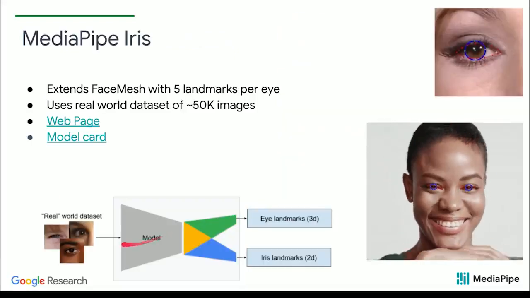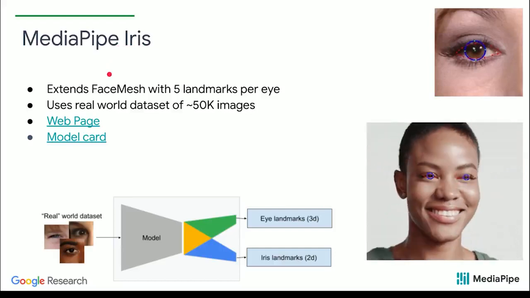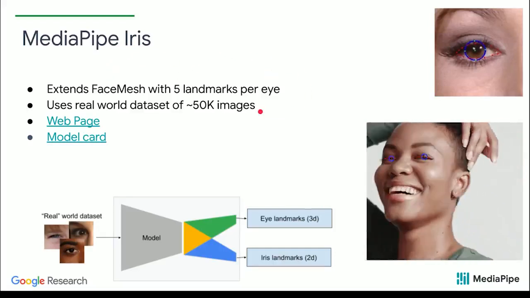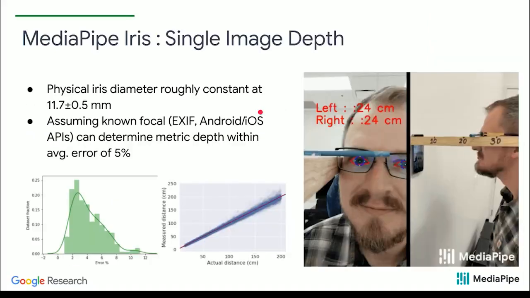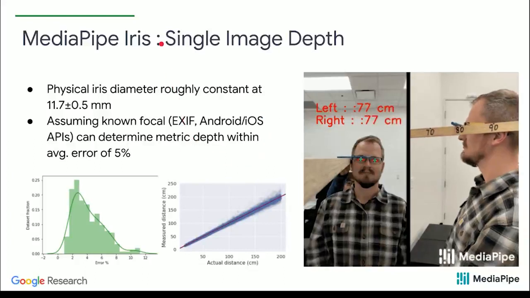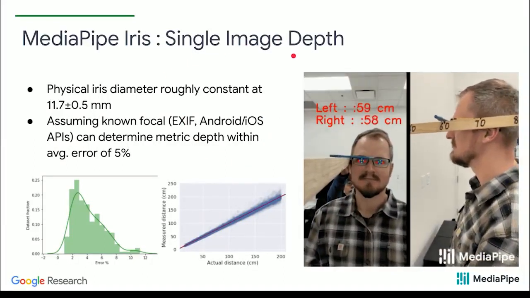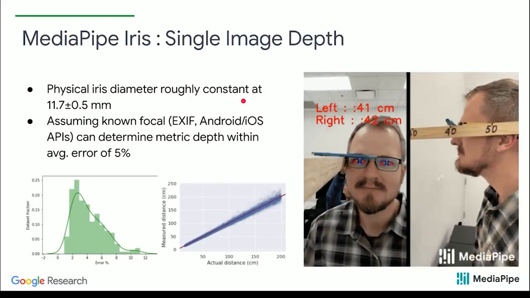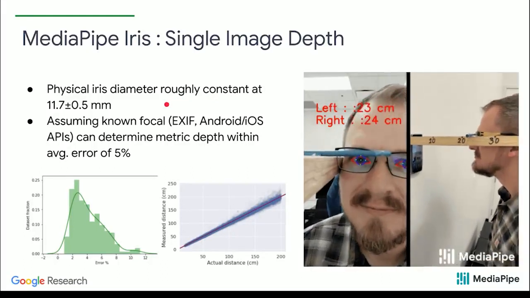Our second application is MediaPipe Iris, which extends the FaceMesh with 5 landmarks per eye, and it's a separate model that is run after the FaceMesh. Now, with MediaPipe Iris, we're able to estimate single image metric depth. And here we leverage the fact that the iris diameter of humans is roughly constant at 11.7 millimeters.